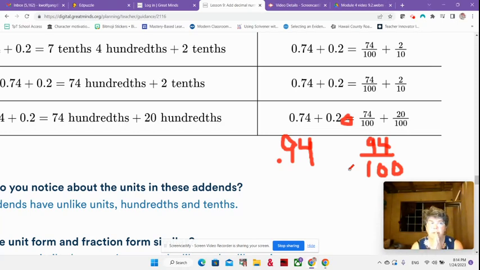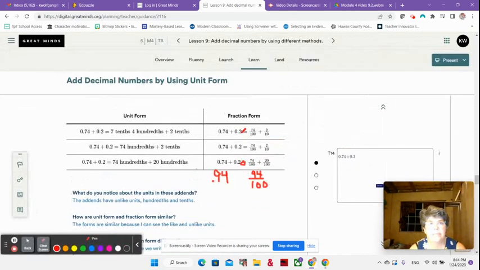We're thinking about the number bond method, where we're taking from one and sharing with another and then adding together. And now we're thinking about the unit forms and fractions. Okay, so we're going to dive just a little bit into that, but I want you to think about how you can add numbers in different ways like that.